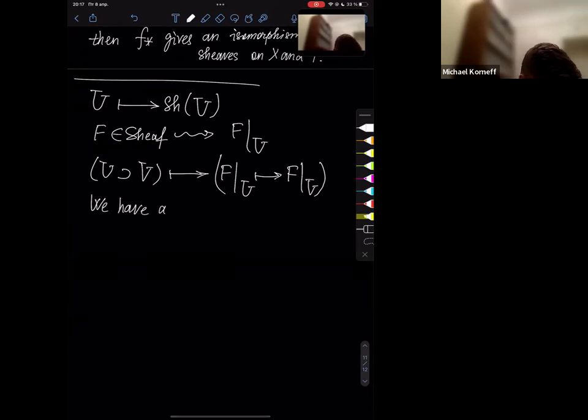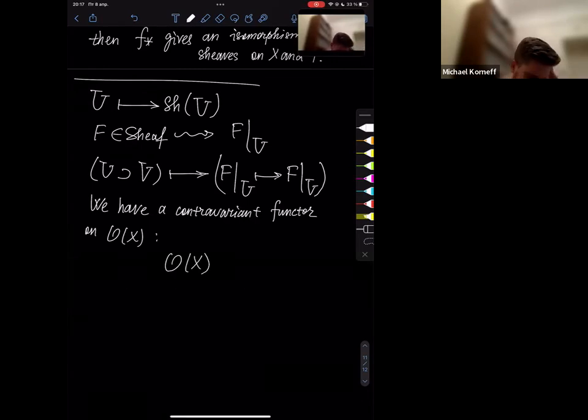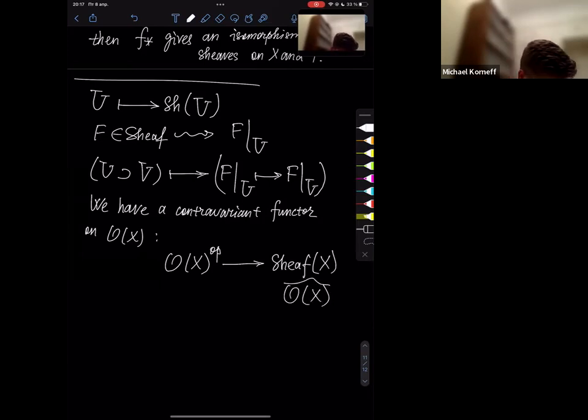We have a contravariant functor on X, and this functor goes to sheaves on X. This is true, of course, for a presheaf, but for sheaves also.